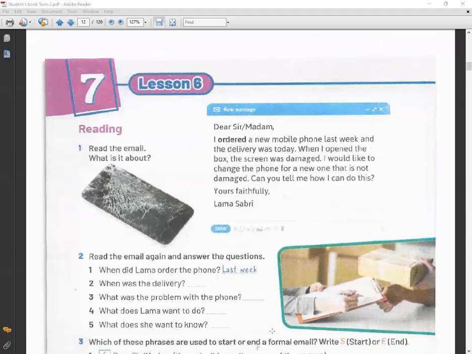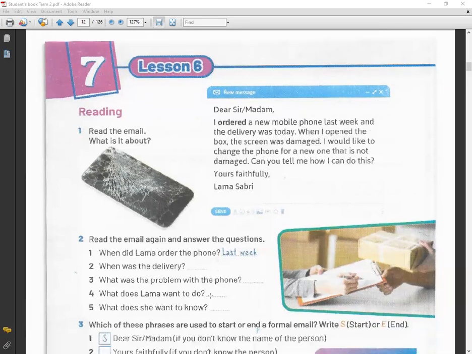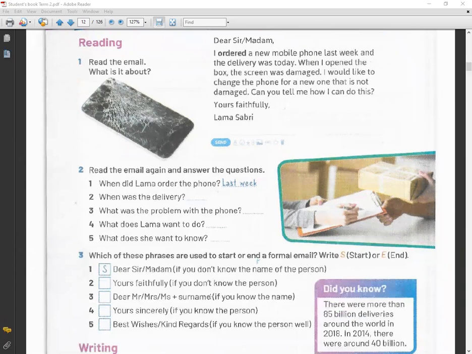These questions are about the text that we read. You can answer them alone, but let's look at exercise 3. In exercise 3, we need to put S if it is a way to start a formal email, and E if it's a way to end a formal email.